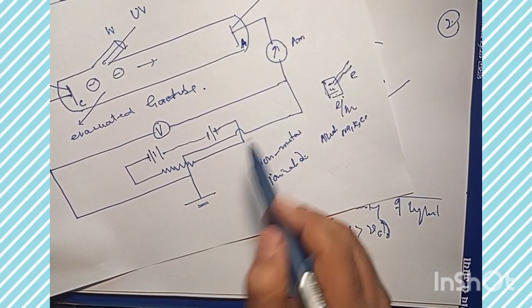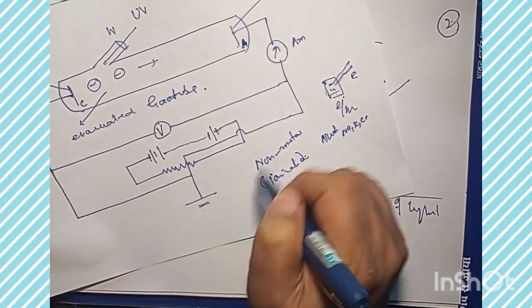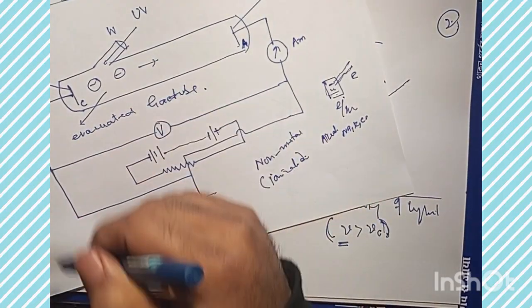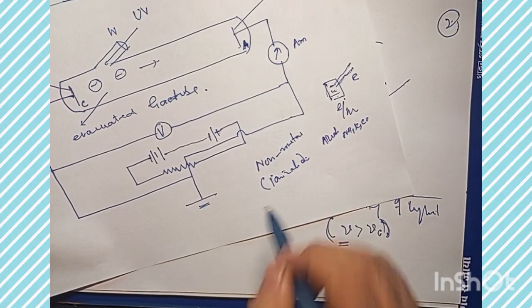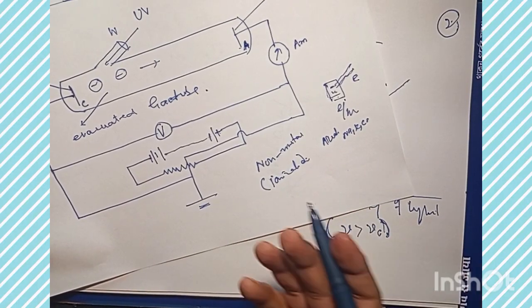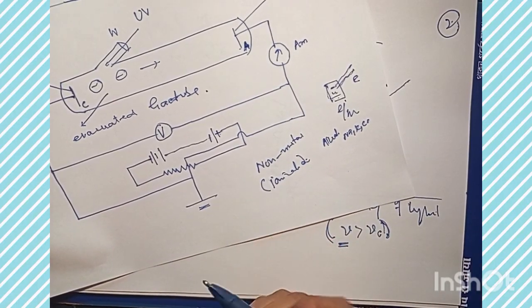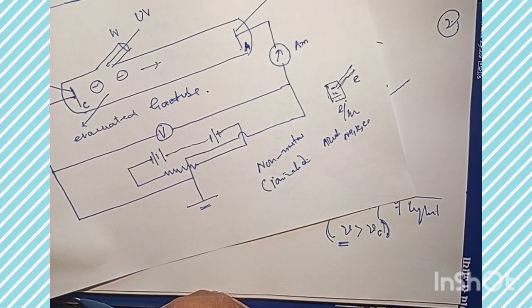Now, in my experiment, we keep the intensity and frequency of the incident light constant. But that frequency has to be more than some fundamental frequency, otherwise this effect is not observable.